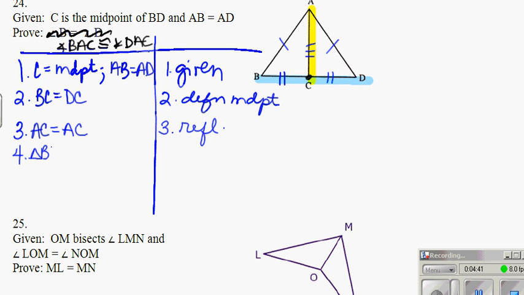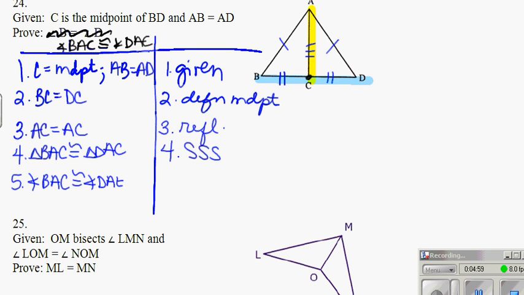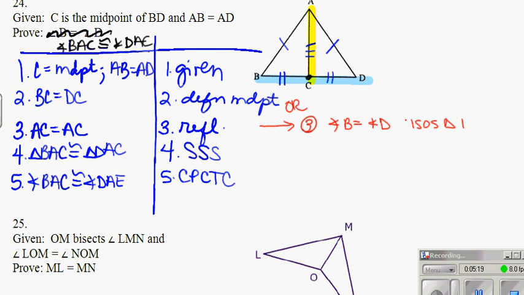And I have that triangle BAC is congruent to triangle DAC by the markings on my picture, side, side, side. And once I have the triangles congruent, then angle BAC is congruent to angle DAC by CPCTC. Now your alternative proof at this point: I could have done for step 3 that angle B was equal to angle D by the isosceles triangle theorem.